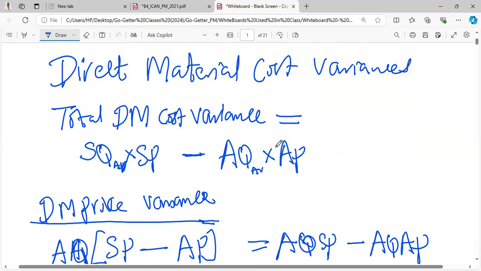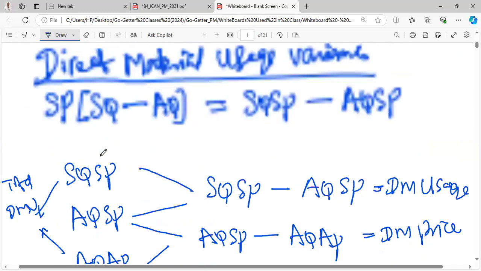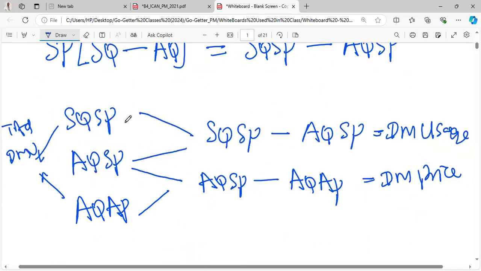Know this: standard quantity, standard price, that's the fixed budget; actual quantity, actual price, that's the actual result. Then in the middle sits the flexed, actual quantity, standard price.